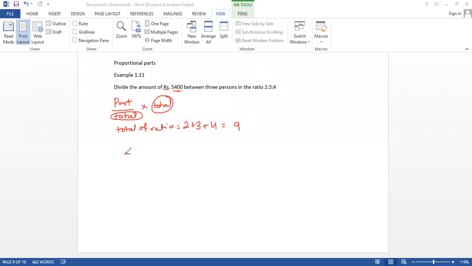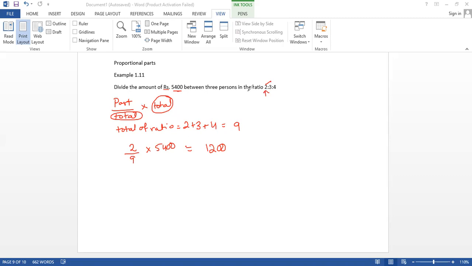Now we know that the total of the ratio is 9, and 5,400 is the total amount that we need to divide. If you want to calculate the first part, you put 2 over 9 in the numerator and multiply by 5,400 to get 1,200. This is the share of the person who has this ratio.